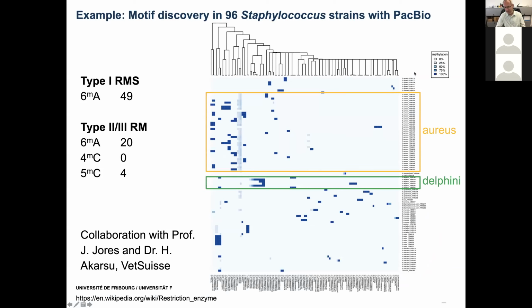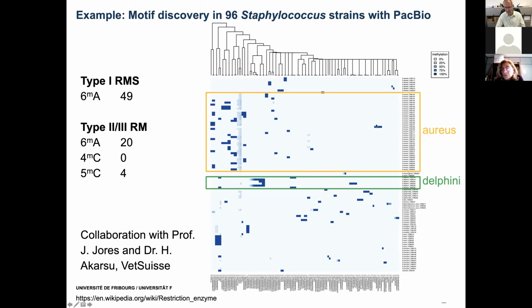And these strains are coming from animals, mainly camels. And these camels have several strains that show different motifs. So we could identify a series of motifs, about 70 different motifs here that you see at the bottom. And these motifs are differentially methylated in the different clones.